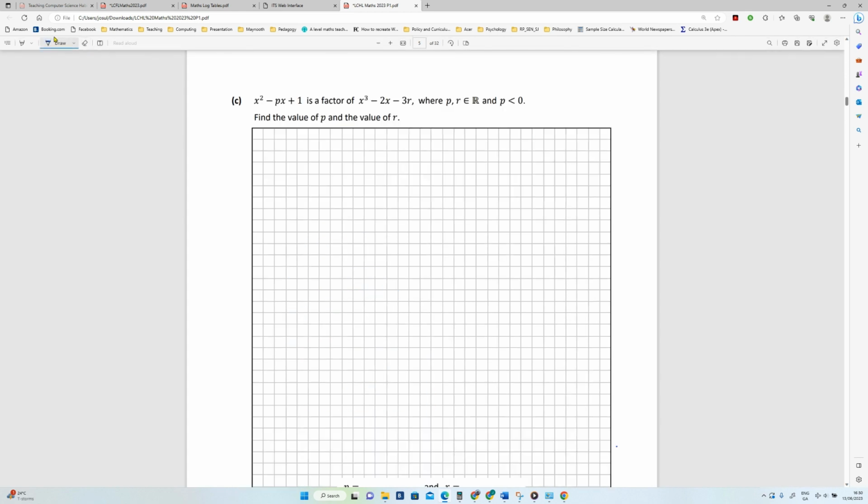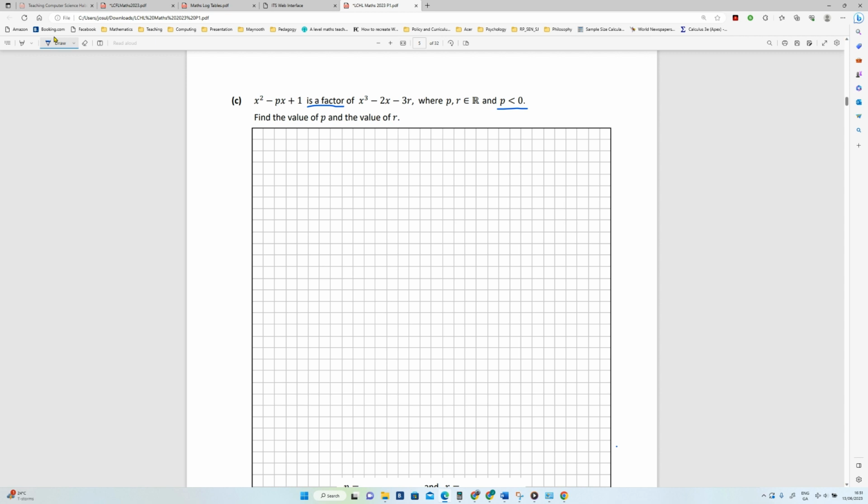Okay, for part 3, x squared minus px plus 1 is a factor of x cubed minus 2x minus 3r, where p and r are real numbers and p is less than 0. Okay, because this is a factor, it means that it'll divide into it with no remainder. So that's probably going to be important as we go along here. So find the value of p and the value of r.